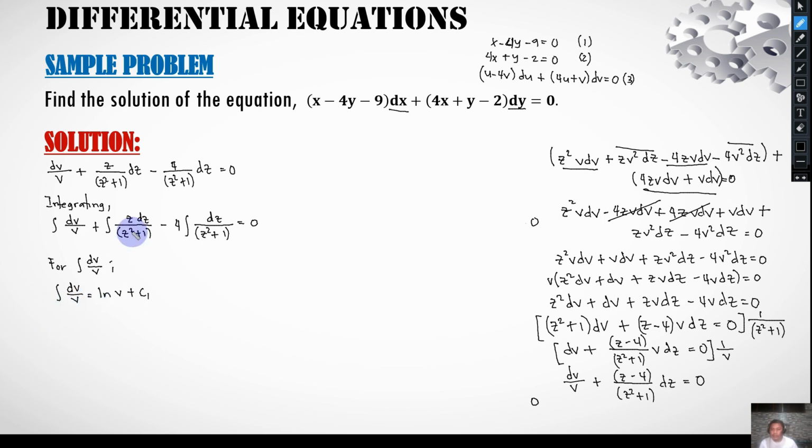Next is the integral of z dz over z squared plus 1.